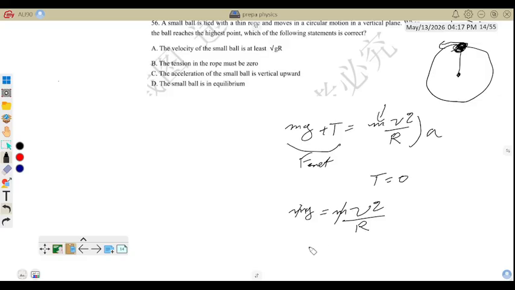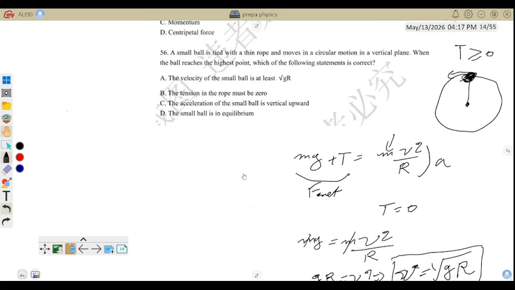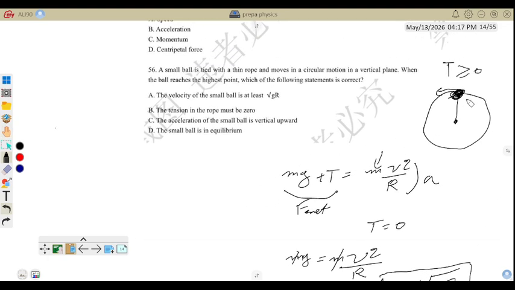Simplifying by m, gr equals v squared. That means v would be the square root of gr. This is the minimum speed for keeping the ball in the vertical circular motion.